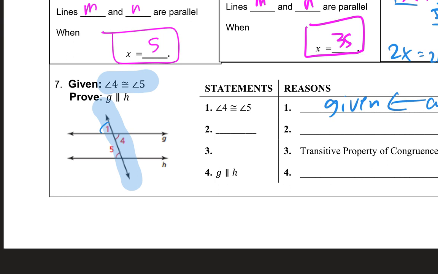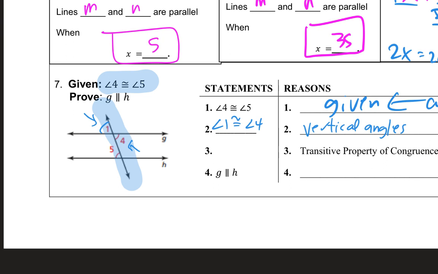Angle 1 is congruent with angle 4, right? Angle 1 and angle 4. Why? Because those are vertical angles, right? We know that vertical angles are congruent. Okay? So then the third step is the transitive property.